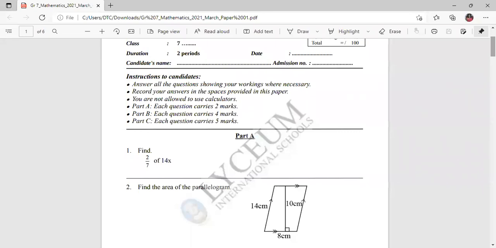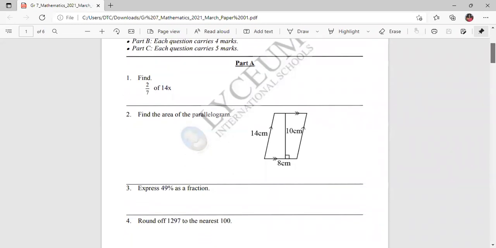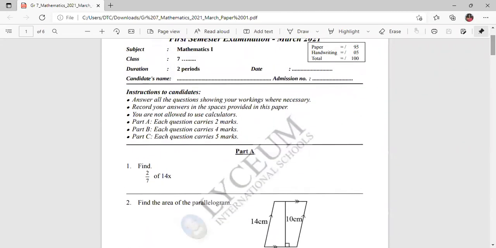You can use either a working column or whatever space you have, especially in part A, where they have allocated enough space for your workings and calculations. Then they have mentioned that you are not allowed to use calculators.